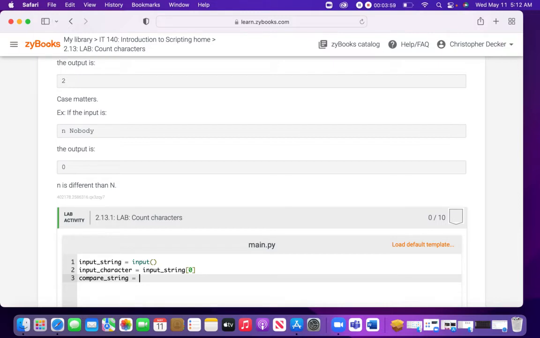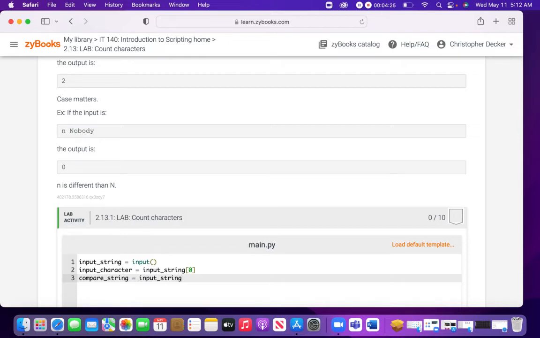You're going to compare the character to the original. Let's work with the original, because this just established the character. And how would we know what to compare it to?